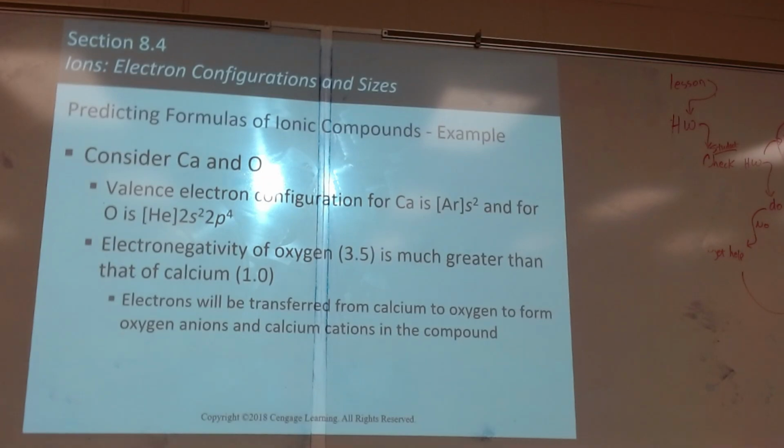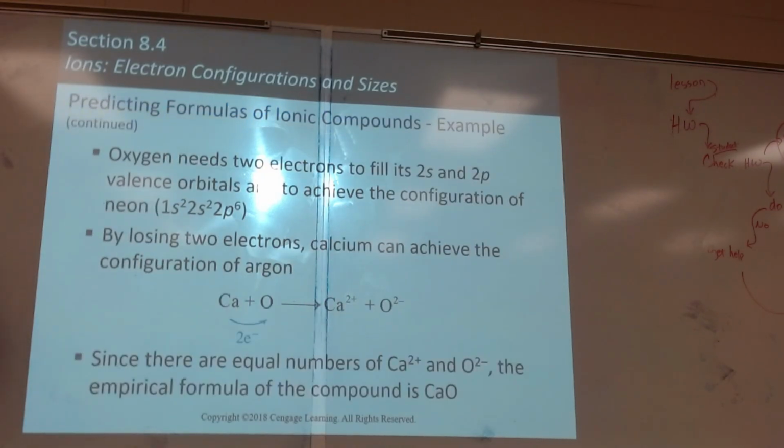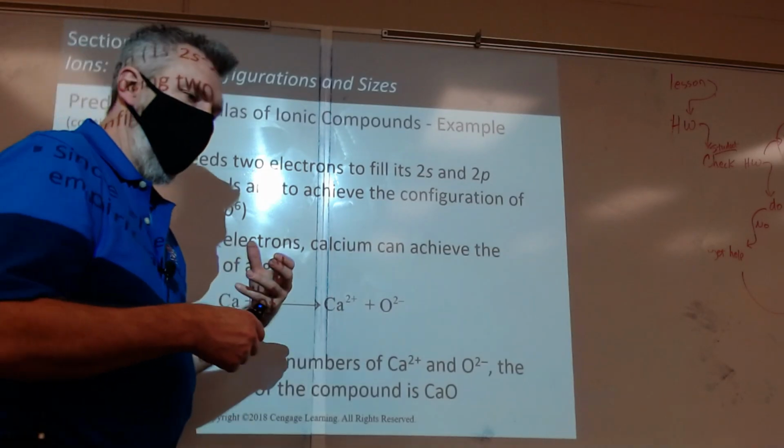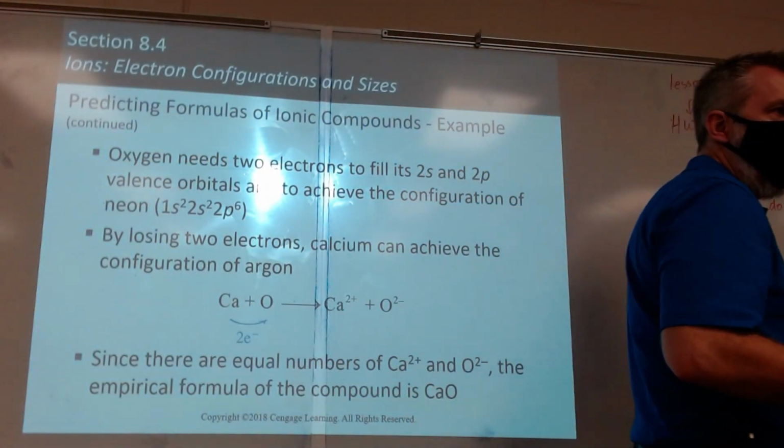And we'll now have a calcium cation and an oxygen anion. And then they'll simply stick together. So here we go. Oxygen needs 2 electrons to fill up its 2s and 2p valence orbitals and look like neon. That's the next noble gas. By losing 2 electrons, calcium now looks like argon. Just goes backwards, right? They now each have a positive 2 and a minus 2 charge.